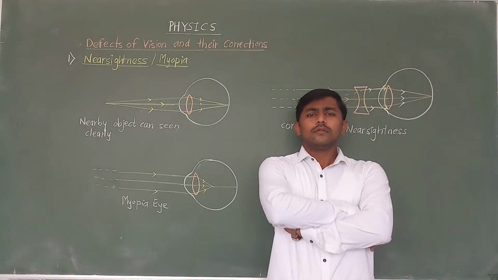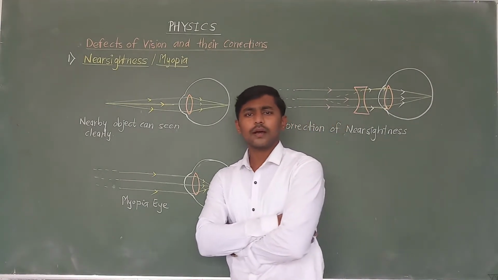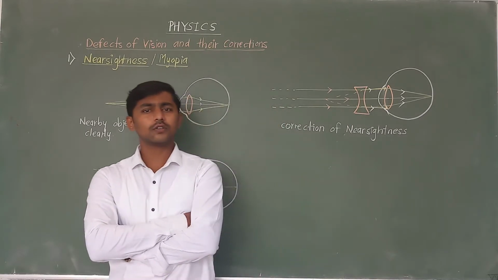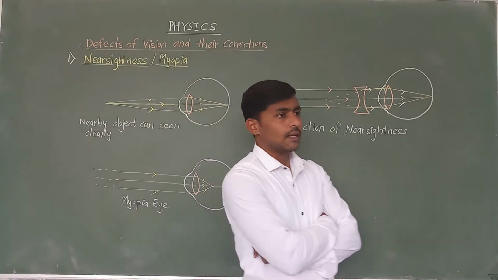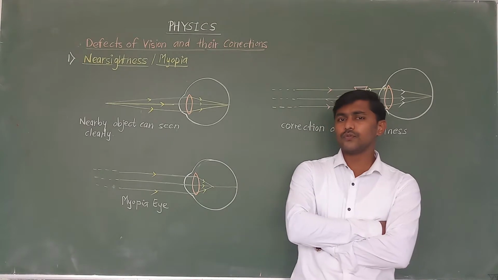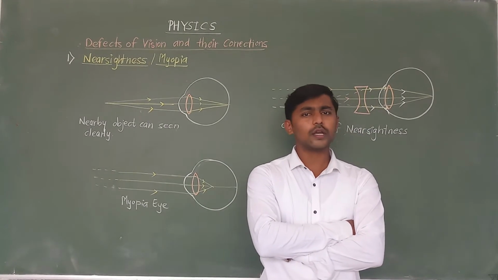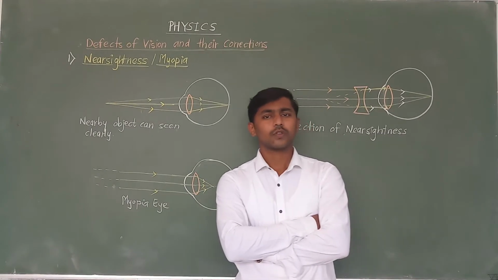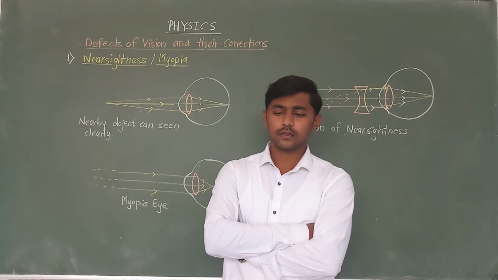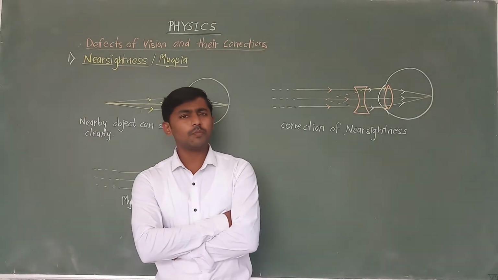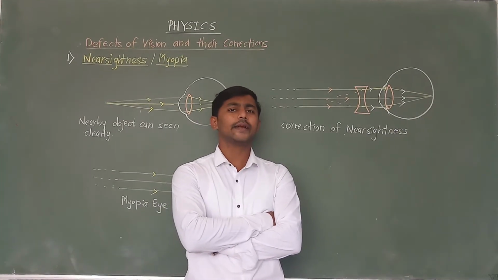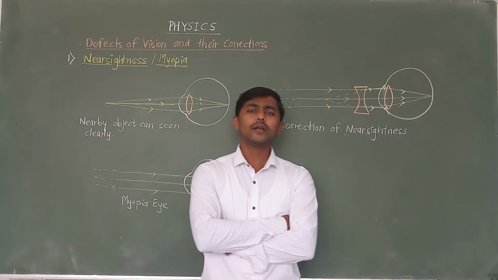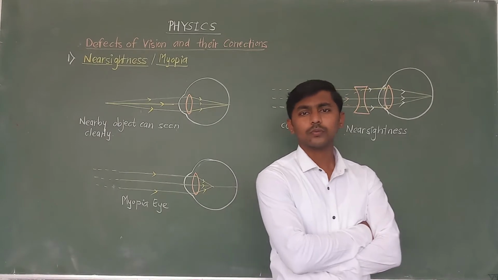Now, at the starting of the lecture, I am giving you first homework, because after doing that homework only, you have to see this lecture. Your homework is on page number 86 and 87 from your state board textbook.